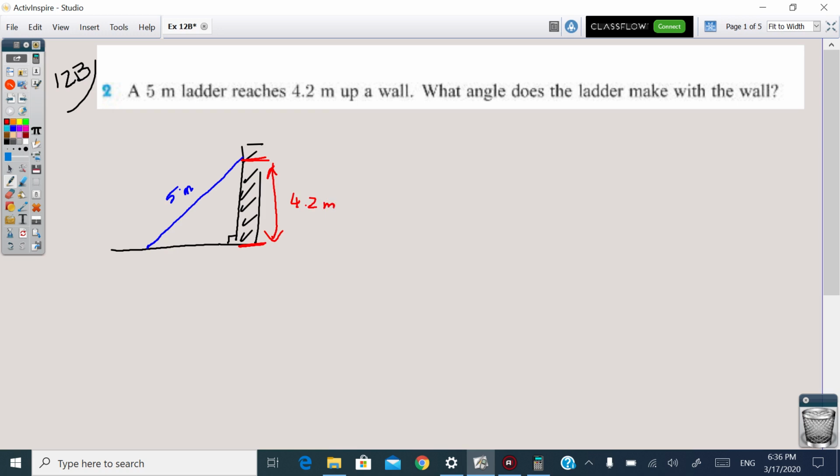So what is the angle that the ladder makes with the wall? We're looking for this angle, and let's call it theta. As you can see, we have a right angle triangle, and if we want to make the sketch a bit easier, our triangle looks like so.